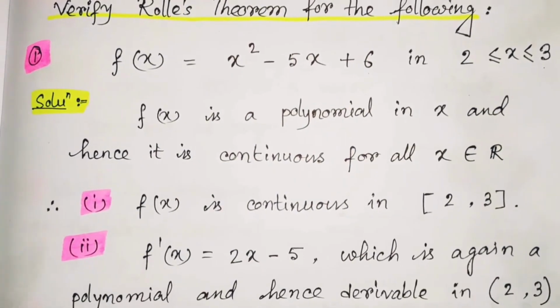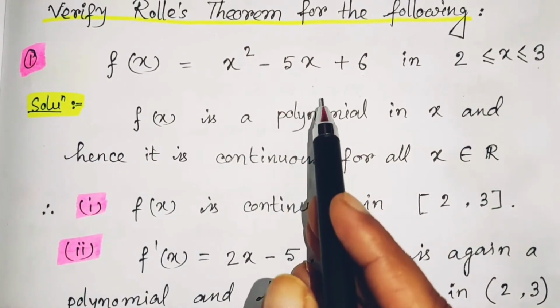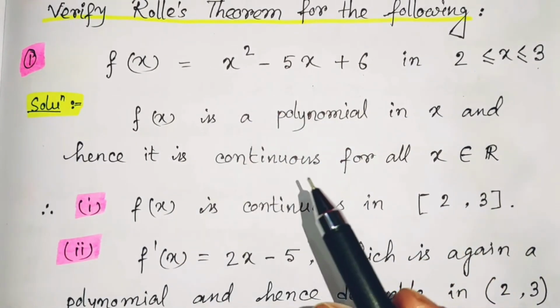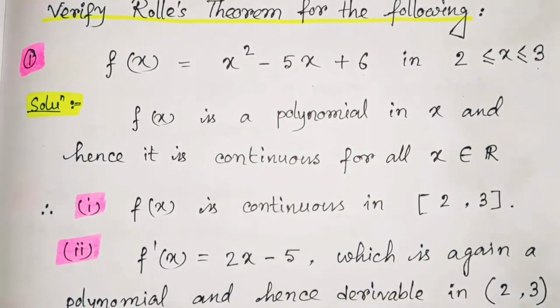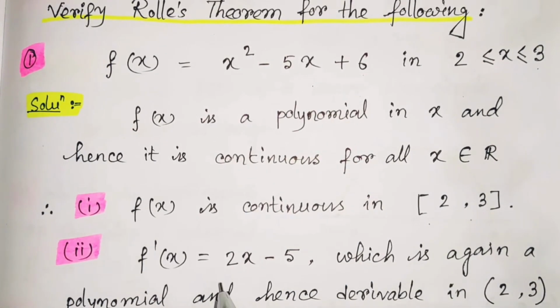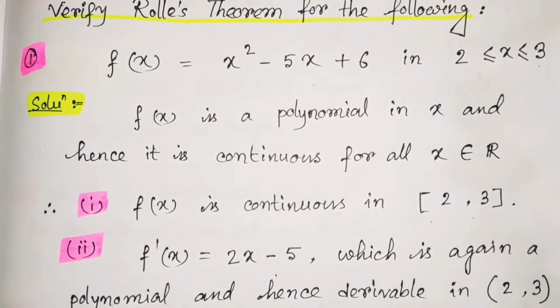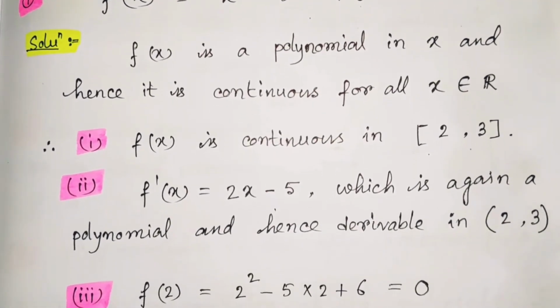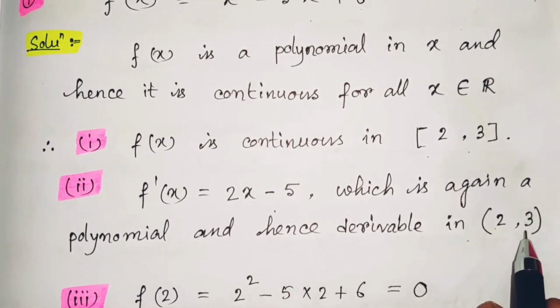First of all, the given function is a polynomial function, and a polynomial function is always continuous. Not only that, it is differentiable also. So the given function is continuous within this closed interval, and its derivative is 2x − 5, which is again a polynomial, hence it is differentiable also within this open interval.